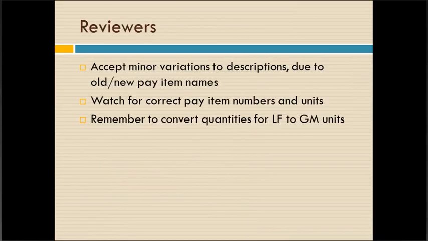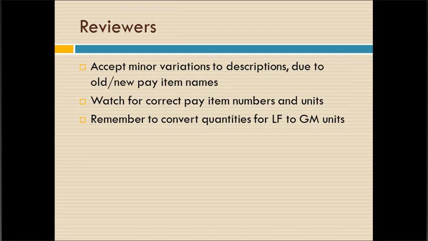A few notes that we wanted to go through for the reviewers. Obviously, there are a lot of pay item changes going through here, and some of the new names may have added words, like where the word for messages, we put in messages or symbols.